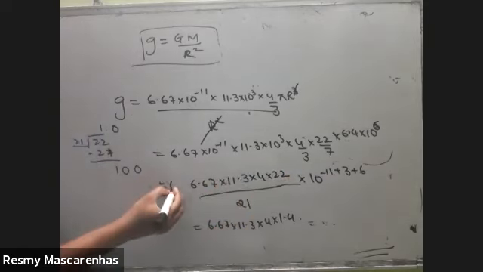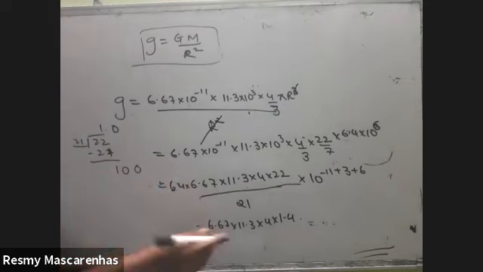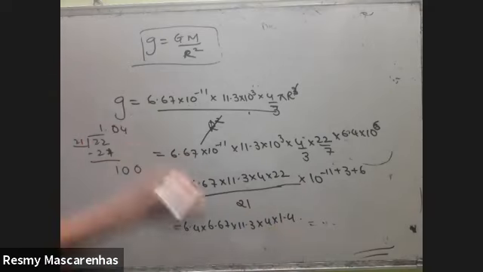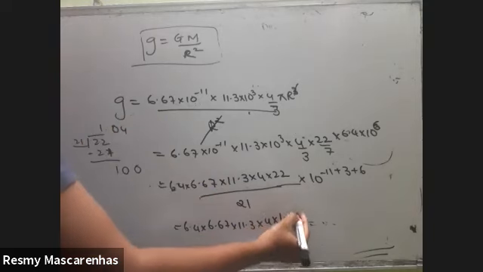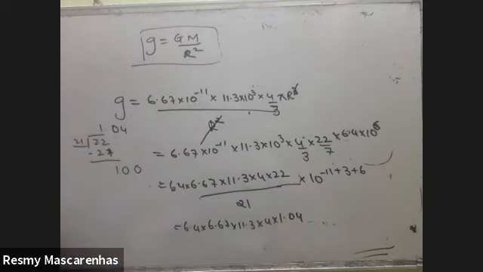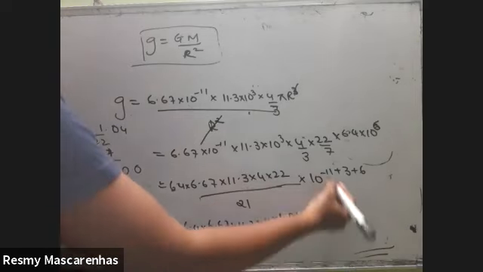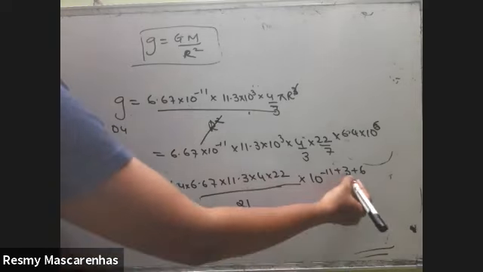I'll write it here in front, 6.4. Approximately 1.0. And then this will be 9 minus 2.